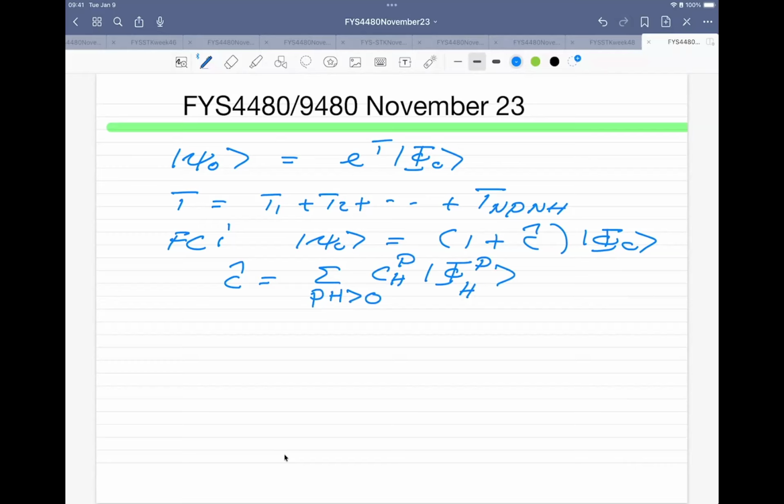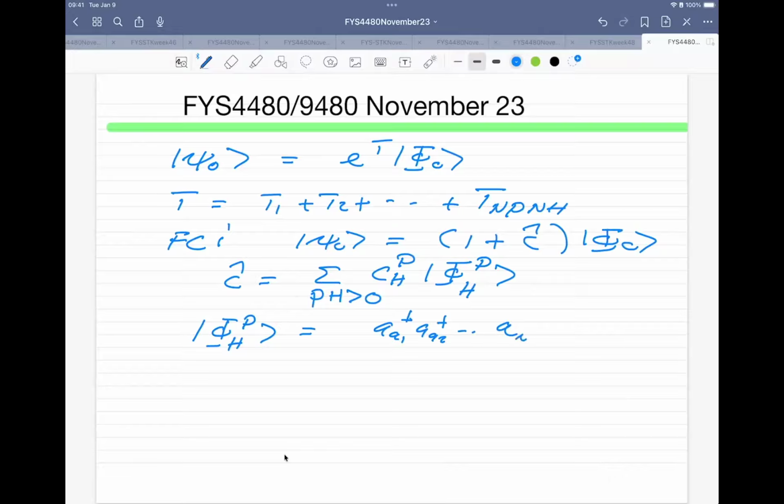And this, just to quickly remind you of these things, this phi_H^P is actually a string of creation and annihilation operators, a_A, a_B, and this goes up to, let me just change this a little bit so that we have it in a slightly better notation. So we would have a particle state 1, we have a particle state 2, and I just leave this with dots here because we have many such particle states, and depending on how many we have, that defines the number of particle-hole excitations.